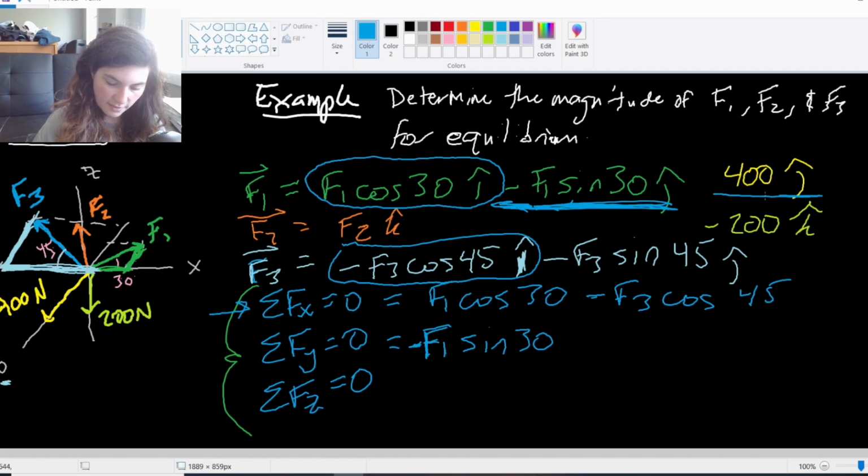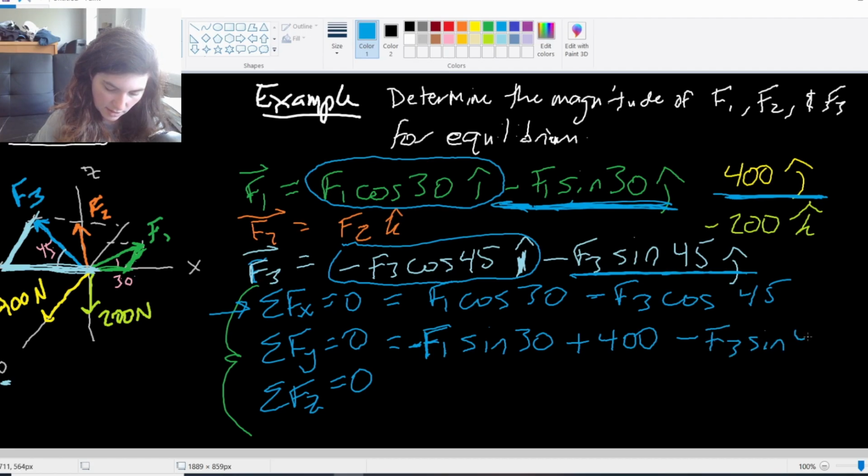Then we have this 400 j hat, plus 400. F2 has no j hats. And then finally, minus F3 sine 45 from our F3 component. So that sets up our y equilibrium equation.